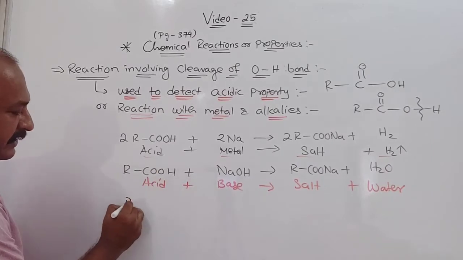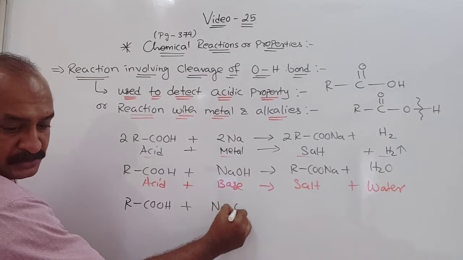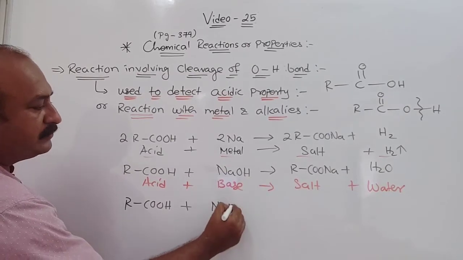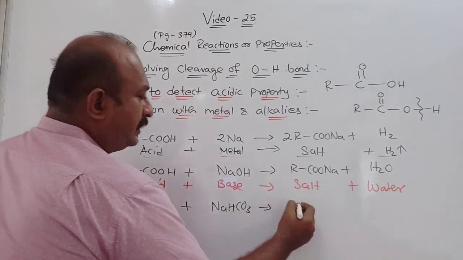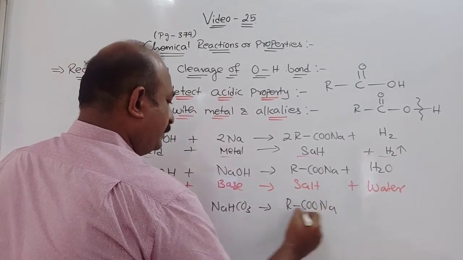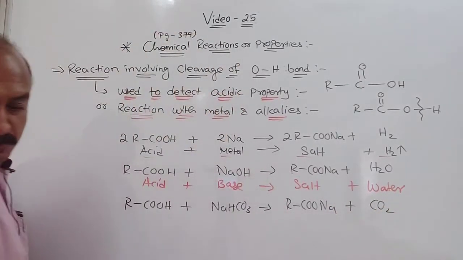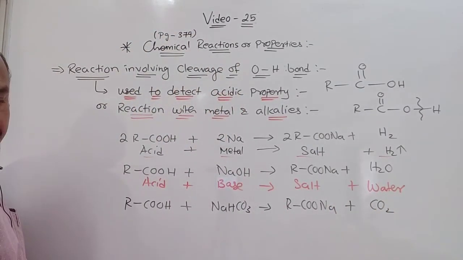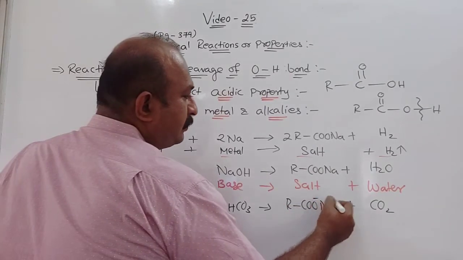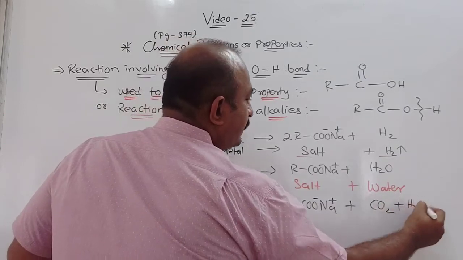The third reaction is given like this: RCOOH plus Na2CO3 or NaHCO3 gives RCOONa plus CO2 plus H2O.